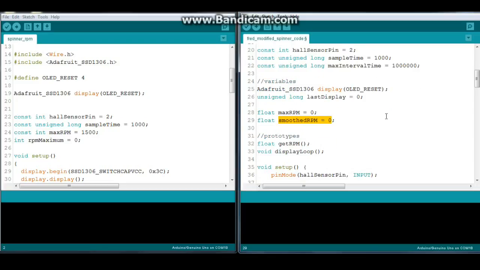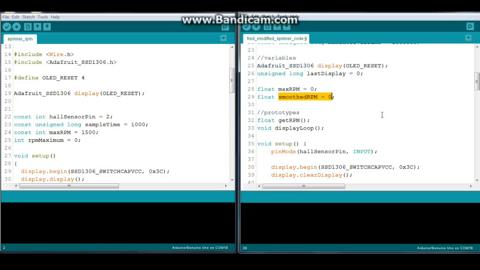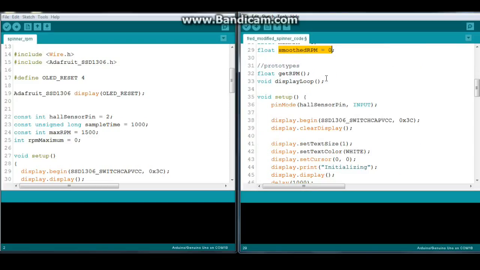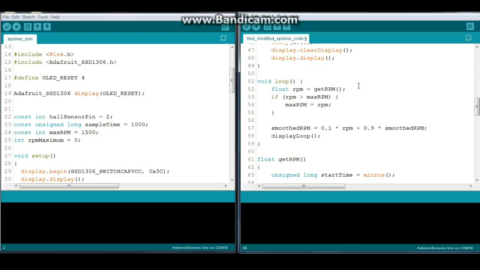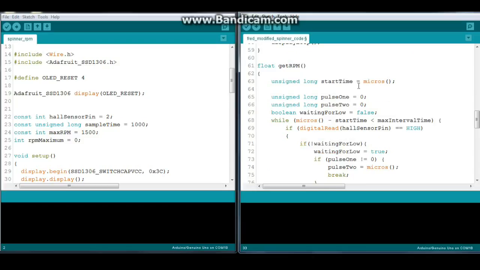So if we come down here, we see our prototypes are now functions of a float type and our standard void type. And then we come down here to this function, the float get RPM.